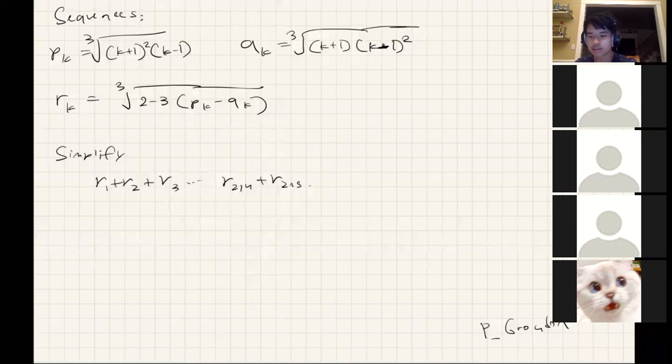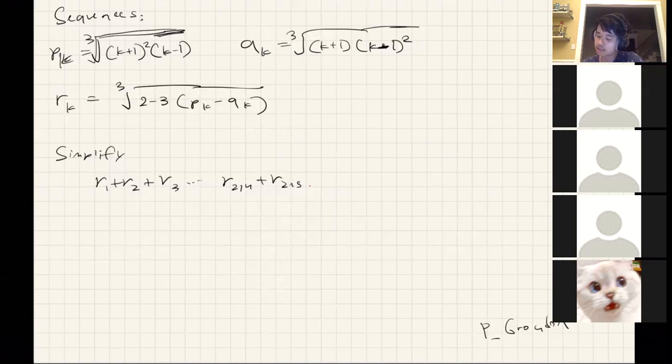This one is quite tough. But anyways, in this problem, you're given 3 sequences. The first sequence is defined such that the kth term looks like this. The second sequence is defined such that the kth term looks like this.